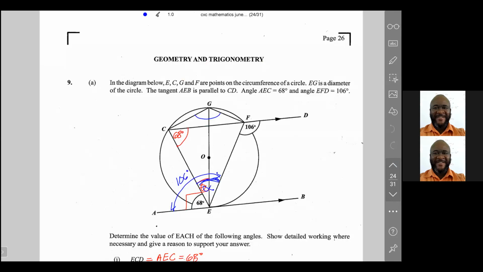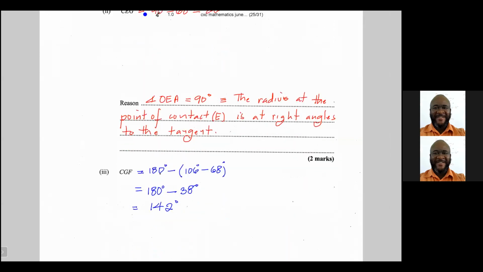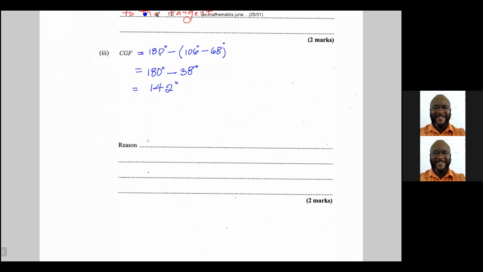Angle FEA is equal to 106 degrees. So if I'm giving a reason: angle FEA is equal to 106 degrees, alternate angles.